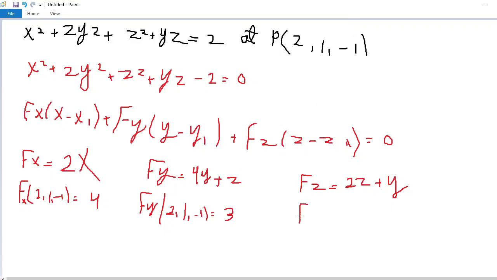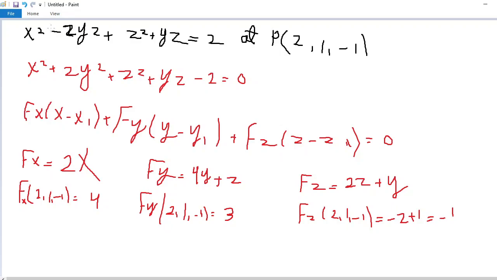The third one, fz at (2, 1, negative 1). Here we have 2 times negative 1, which is negative 2, and then plus 1, which is negative 1. Let me check. I think there is something wrong. Forgive me, here we have a wrong thing. Here there is a minus, it's not a negative.